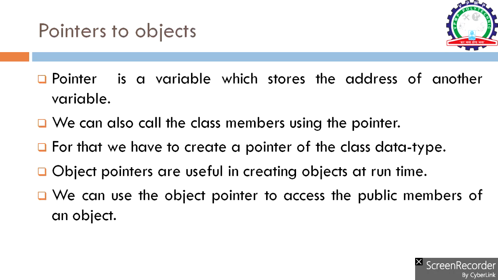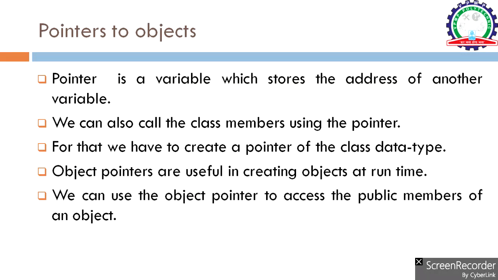Now let's see what is pointers to objects. Yes students, we already know that a pointer is a variable which stores the address of another variable, right? So we can also call the class members using the pointer. Yes, in C++ we can call the class members using the pointer.